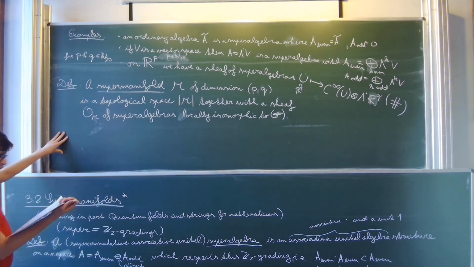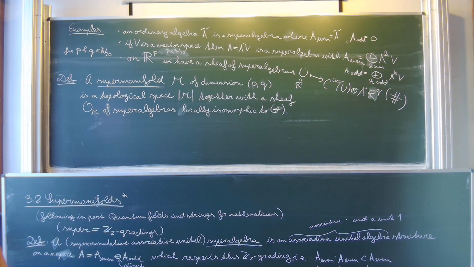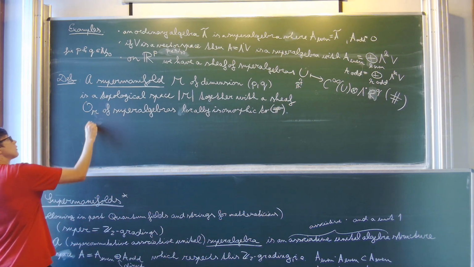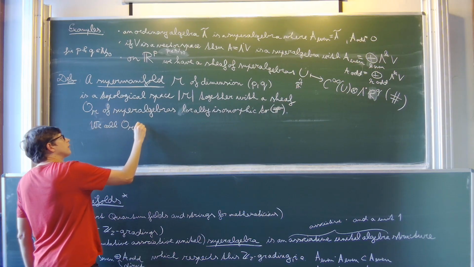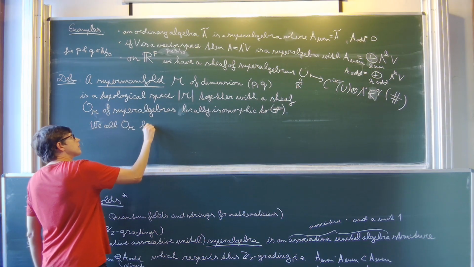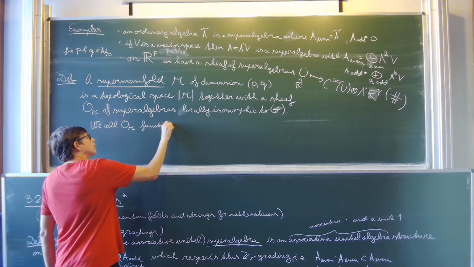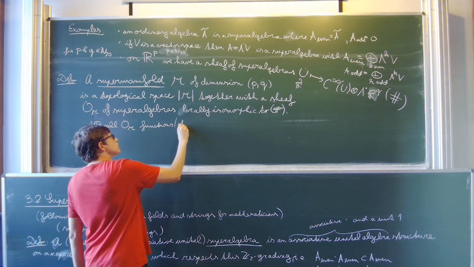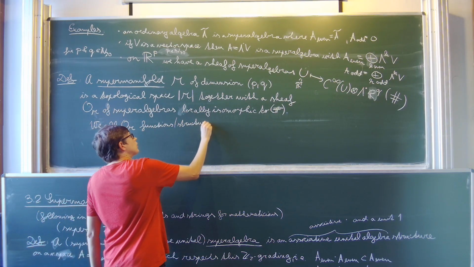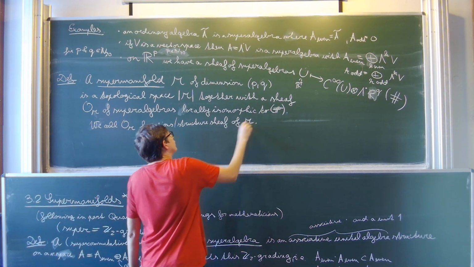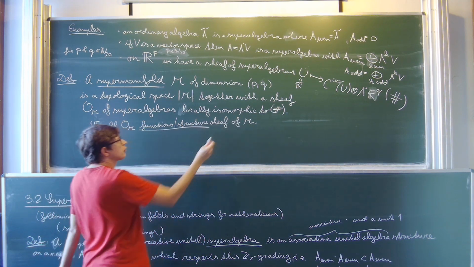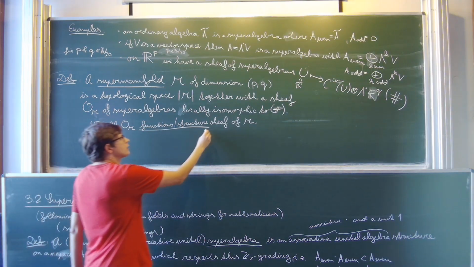Okay, so several comments. Would you call it the structure sheaf of the space? Yeah, why not? You don't need to call it that, but other people call it like this. So we call this thing functions, or you can call it the structure sheaf of M. Now this curly M is the thing that will play the role of our new space.